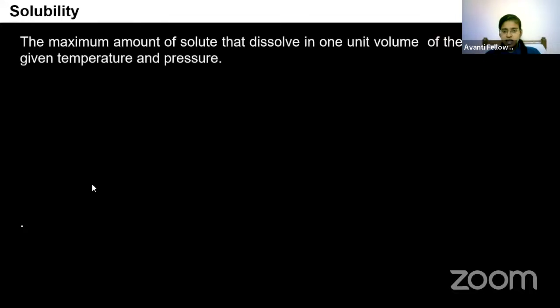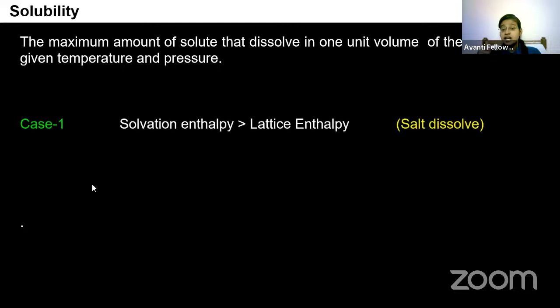Now, coming to the solubility, I have given you the definition for solubility, right? The maximum amount of solute that can be dissolved in a specified amount of solvent is called solubility. So there were two cases. If the hydration or solvation enthalpy is greater than lattice enthalpy, the given salt will get dissolved.